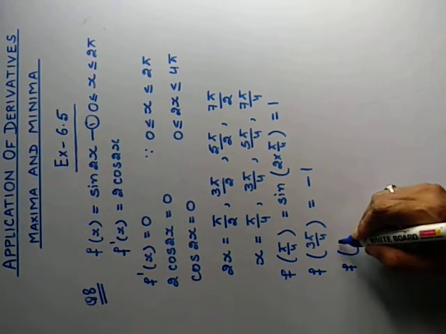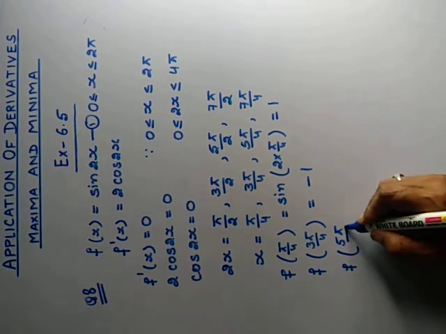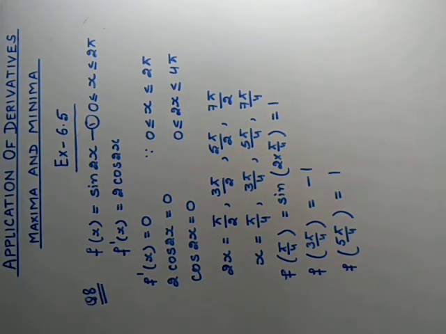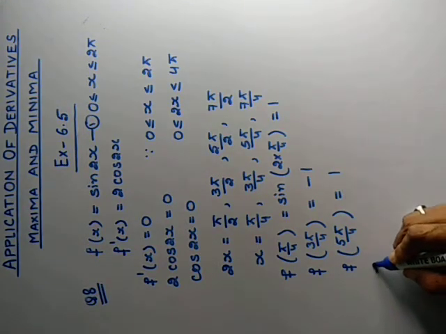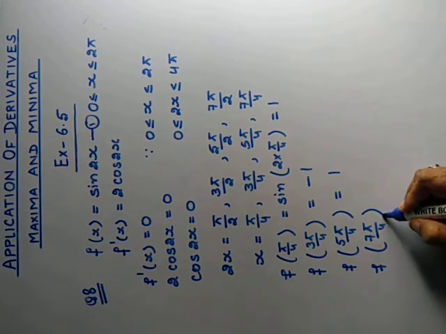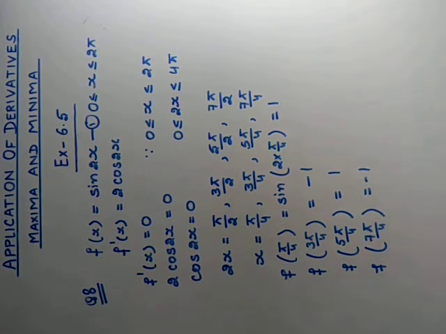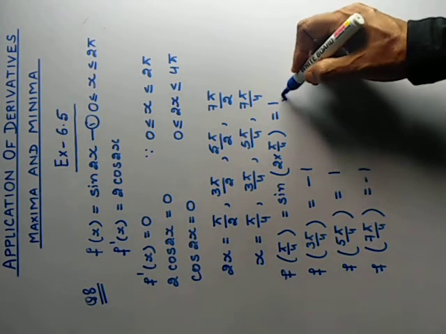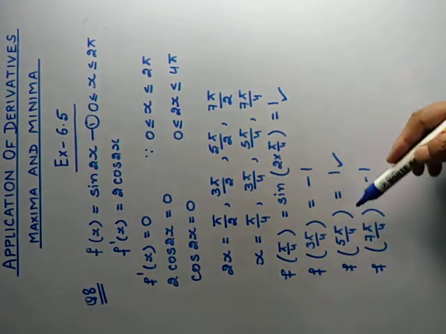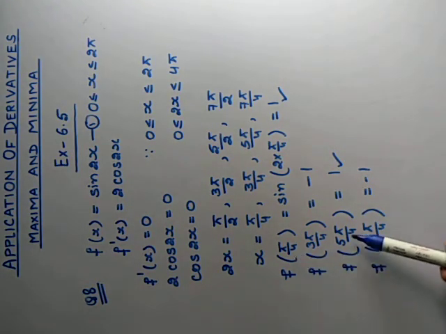When the angle is 5 pi by 4, the value of the function is 1. When the angle is 7 pi by 4, it is minus 1. So you can see the function attains its maximum value at two angles, pi by 4 and 5 pi by 4.